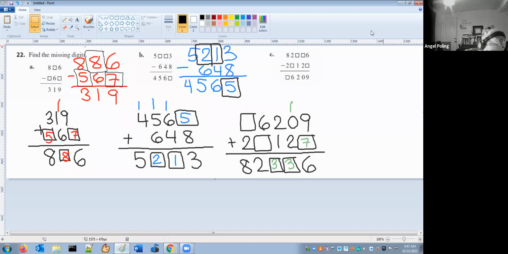So 6 plus 6 equals 12, carry the 1. And now we have 3 plus something equals 8. That would be the value of 5.